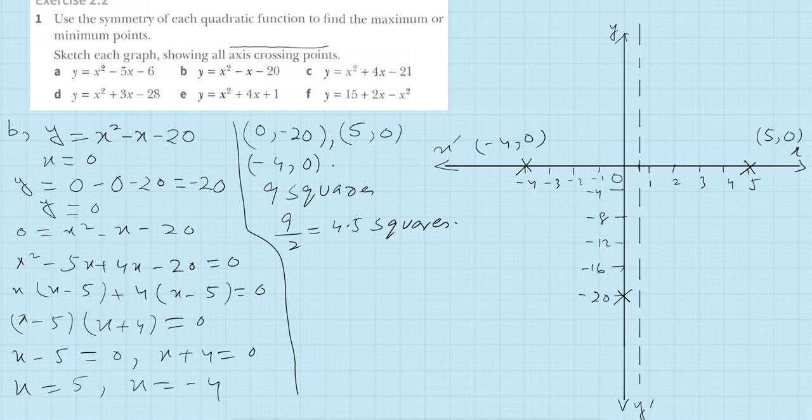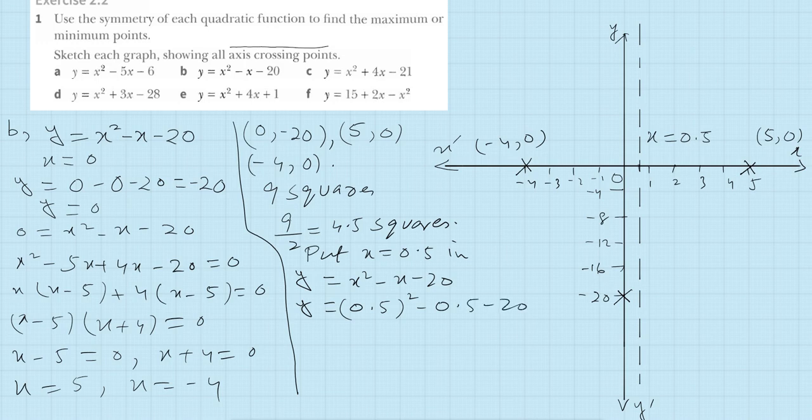And what is the value of x at this 4.5 position? The value of x, you can read, is 0.5. Okay, so now put this value of x, 0.5, in question part B. x square minus x minus 20: y is equals to 0.5 square minus 0.5 minus 20.